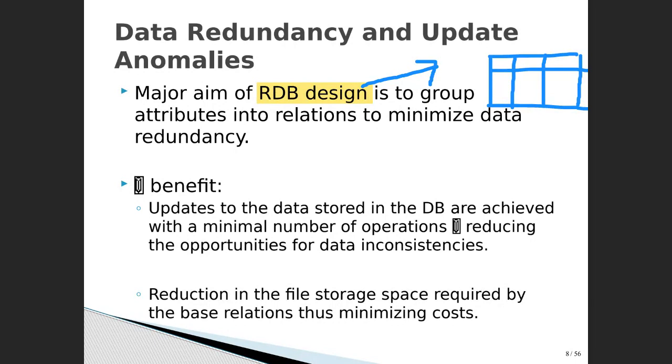Okay, so the major aim is to group attributes into relations and minimize data redundancy, all right? So we will minimize data redundancy. The benefit will be that it is easier to update these attributes.